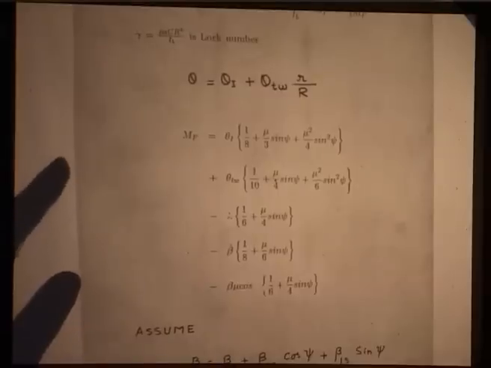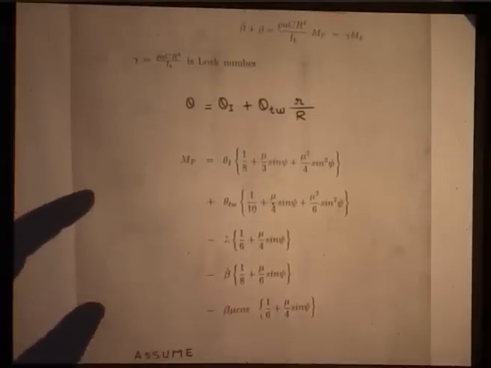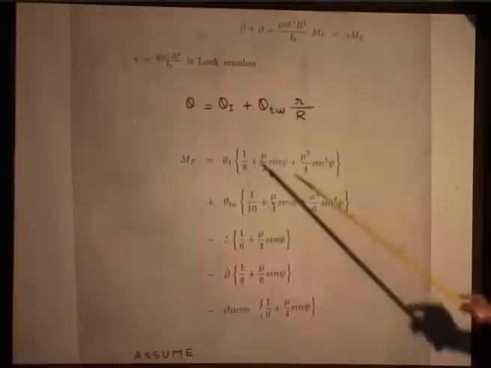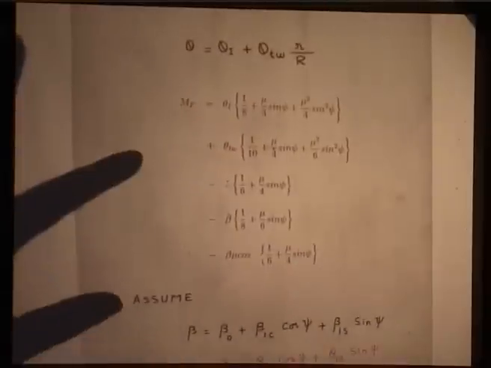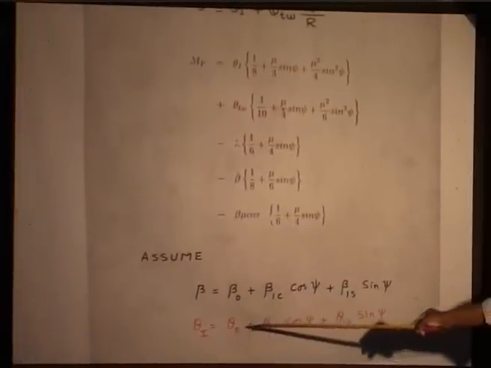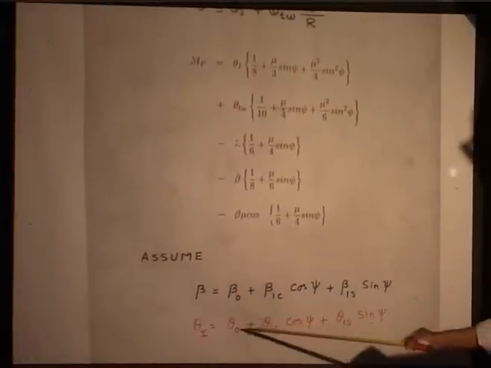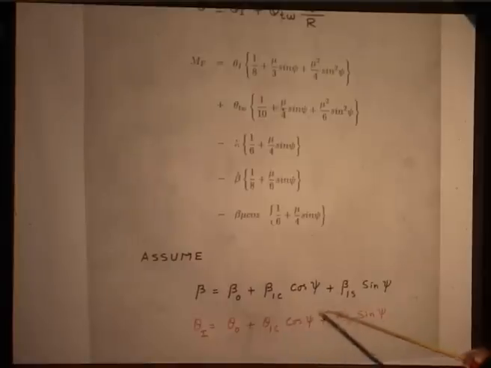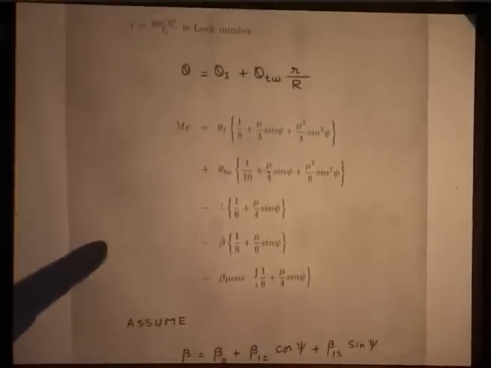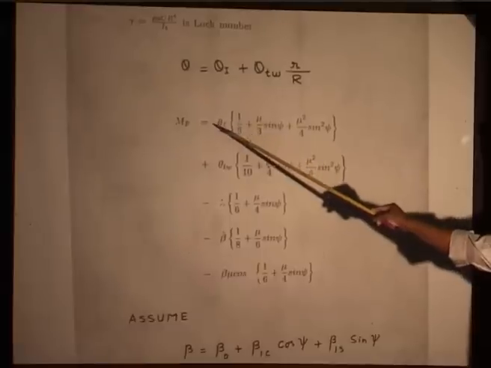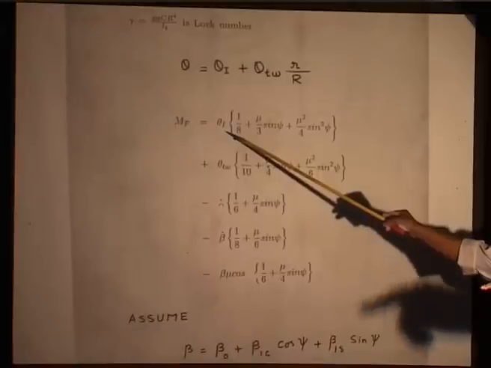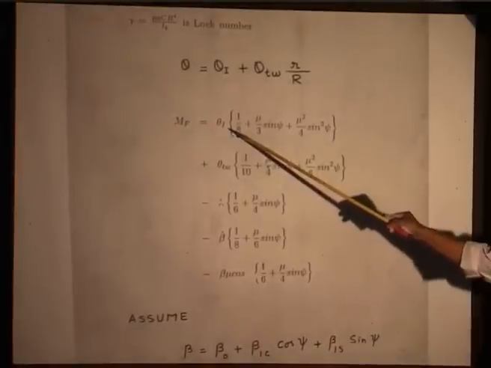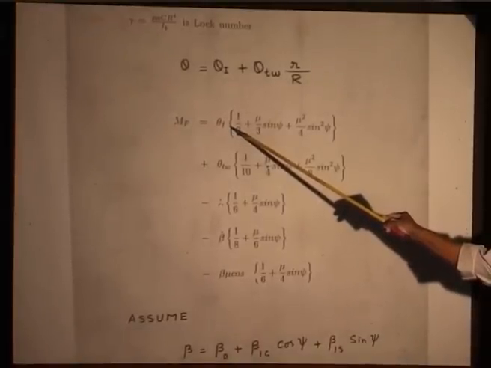Now, if you look at this equation, the theta I, what I use as theta, is actually theta I. Theta I is given by, this is what the pilot gives: theta naught, theta 1 c cos psi, theta 1 s sin psi. That is the input the pilot is giving, so you have to multiply that term here. Everything will come in this place. Input.